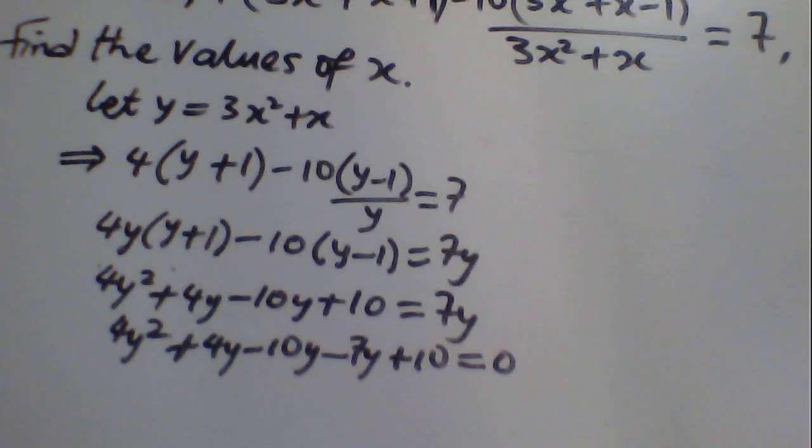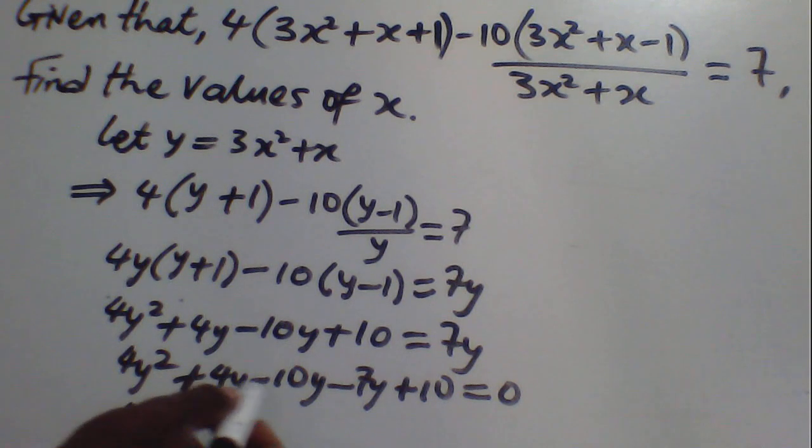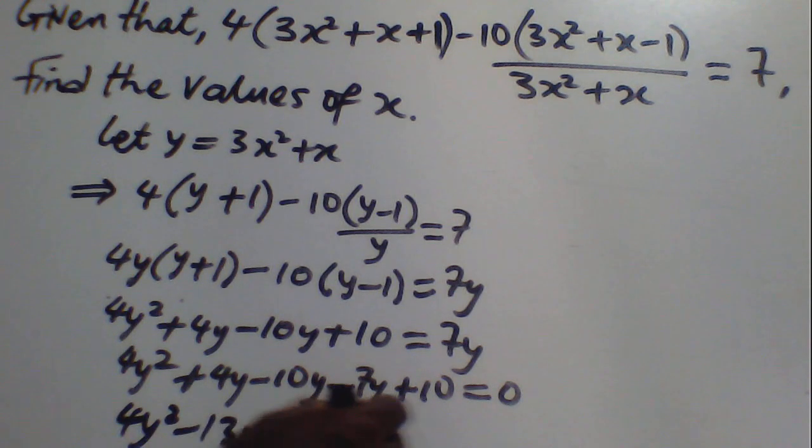From here, the next thing to do is to combine like terms. In this case, we have 4y minus 10y minus 7y, which gives us minus 13y, plus 10, is equal to 0.